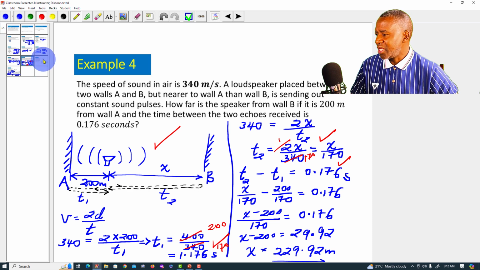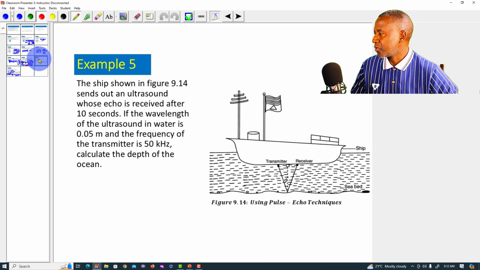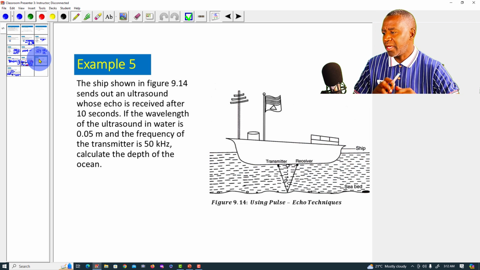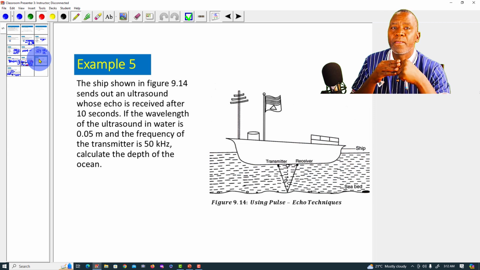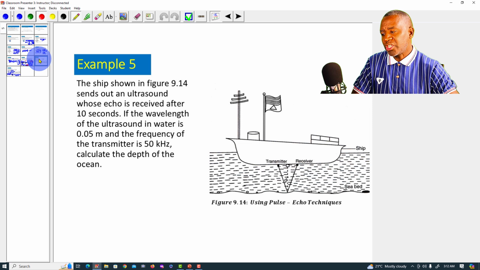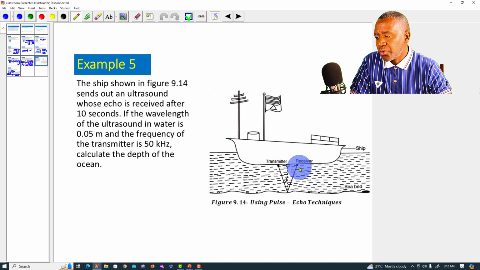Let's go to the next question, which is the last example here of the application of the equation 2d over t. This equation 2d over t is used in so many situations. It can be used to find the depth of the sea, by transmitting sound through the water.